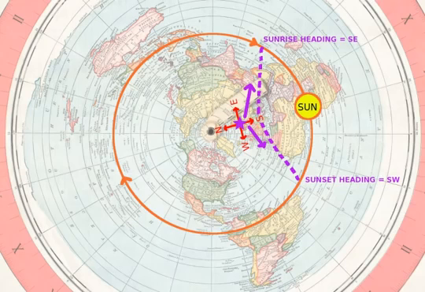Anyway, we can see the arrows pointing to the southeast for the sunrise and the southwest for the sunset from Stockholm. And the dotted purple line represents the arcing of the sun that we would see as it appears to rise above the horizon as it essentially gets closer to us on its circular path.